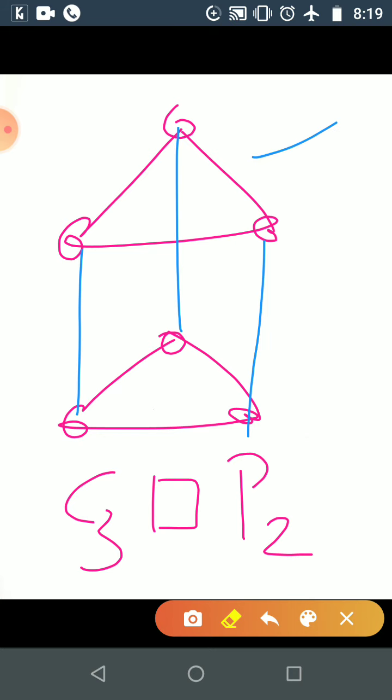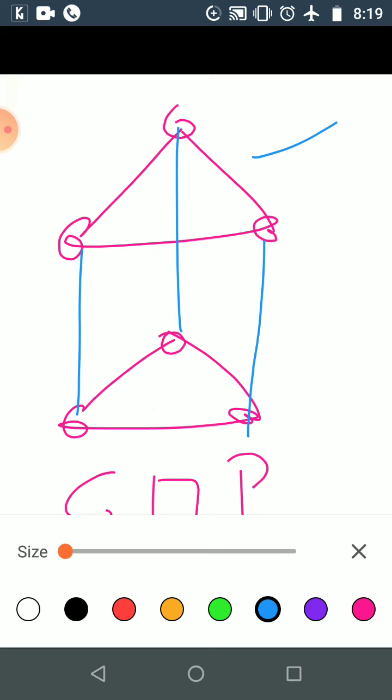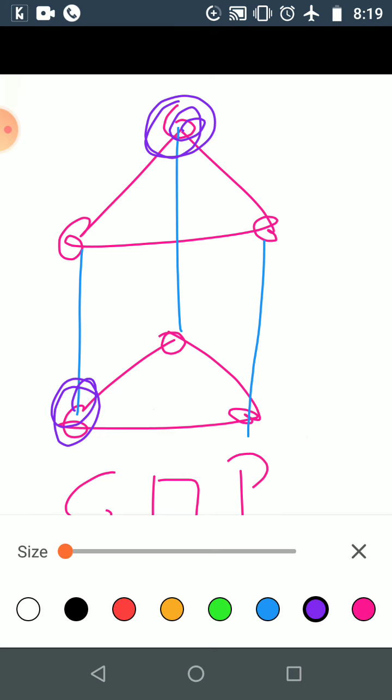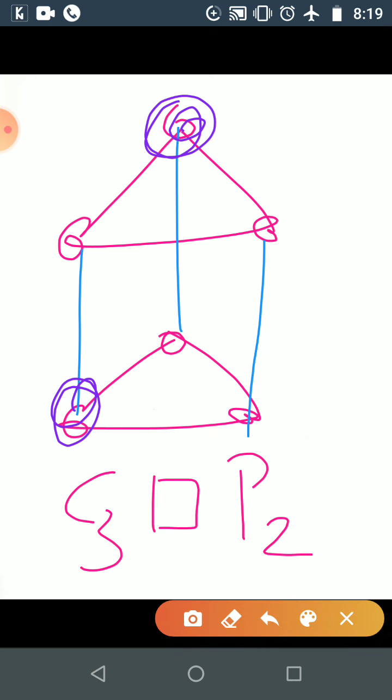So let's check. The minimum coloring, how many colors can you give this one? One color, the first color, to color this vertex, and this is also not adjacent with this one, and the second color to color this adjacent vertex, and this is also not adjacent with that one, correct.